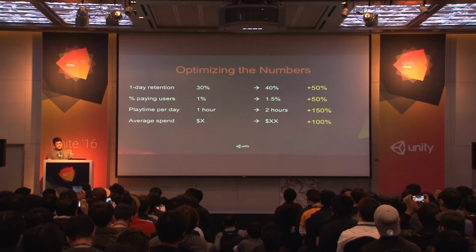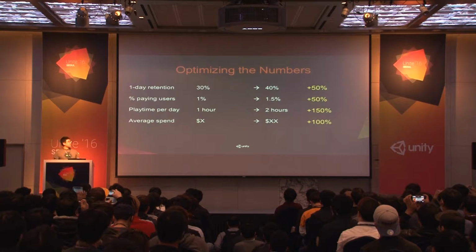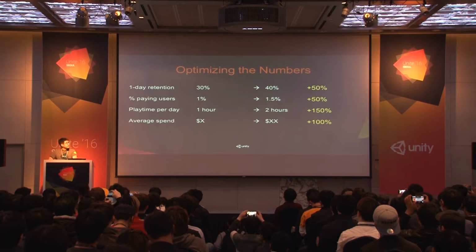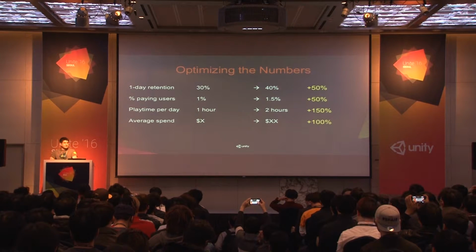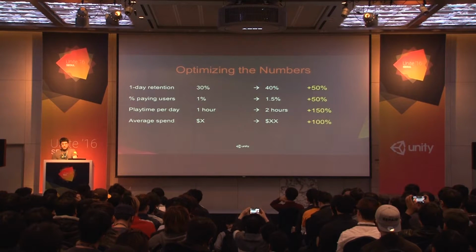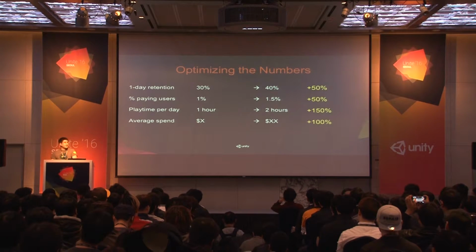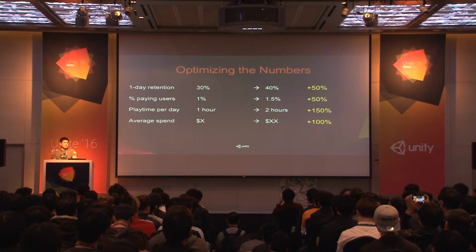So, for example, if you fix some of your early friction, you can improve your one-day retention by 40%. So instead of 70% of users leaving, 60% of users are leaving. Now this small improvement actually has a pretty dramatic effect. It will increase your revenue on industry average by about 50%.